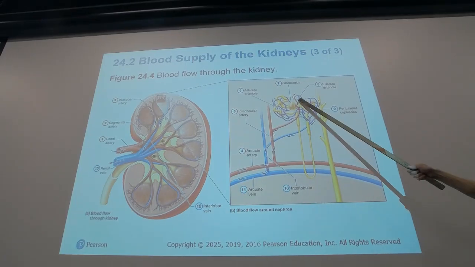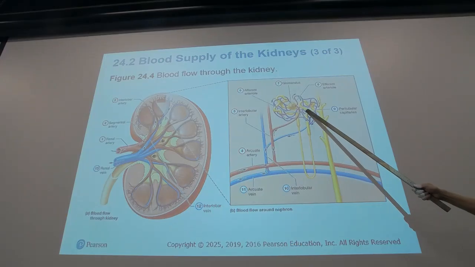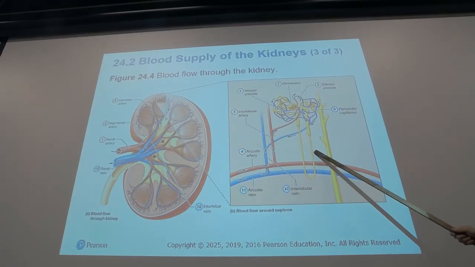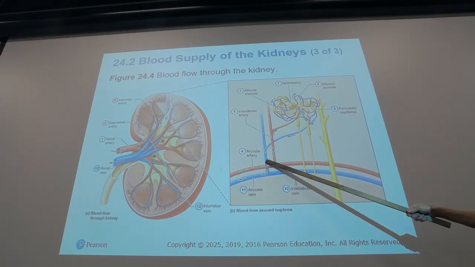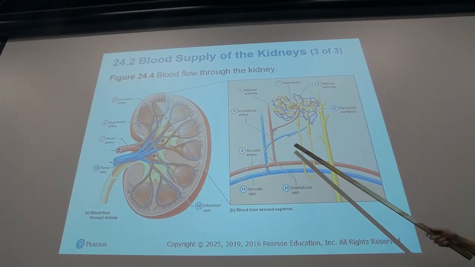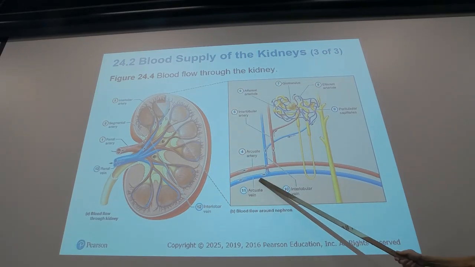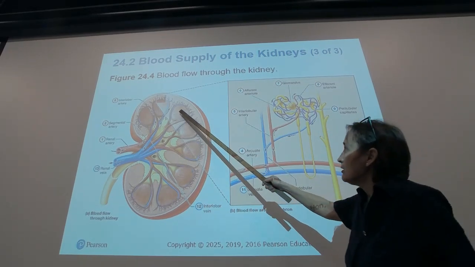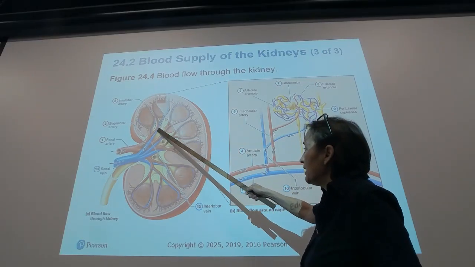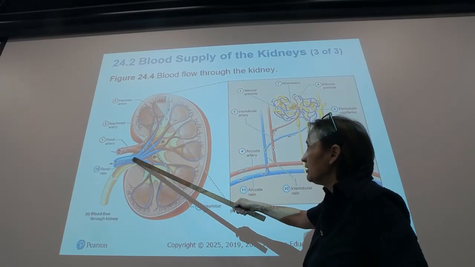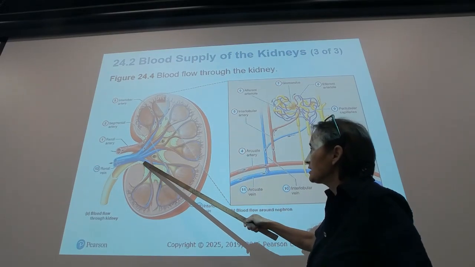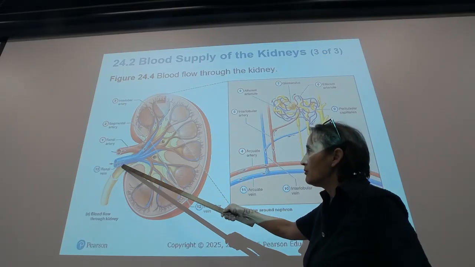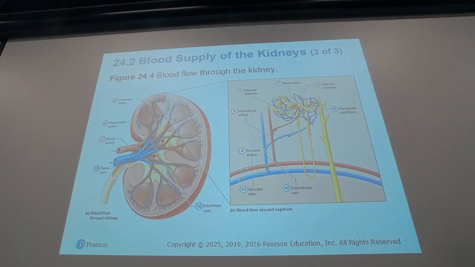And then from there, the blood goes into the peritubular capillaries that surround these tubules, and then drains into this interlobular vein. And then the interlobular vein drains into the arcuate vein, which now drains into these interlobar veins. And then remember, there are no segmental veins, so all the interlobars, in this case 1, 2, 3, 4, form the renal vein, which drains into the inferior vena cava.